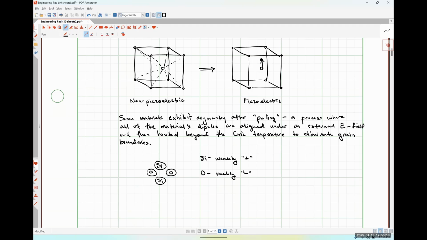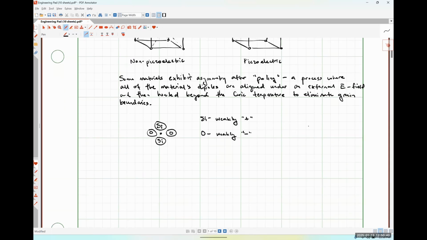So the center of the positive charge, regardless of how much we extend the top Si up and the bottom Si by the same amount, will be right here in the middle. The center of negative charge will be right here in the middle. And so it doesn't matter how we deform this configuration, because the center of charge doesn't change, it will never experience a piezoelectric effect.